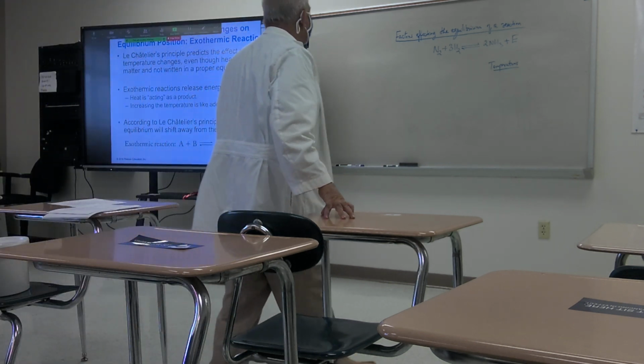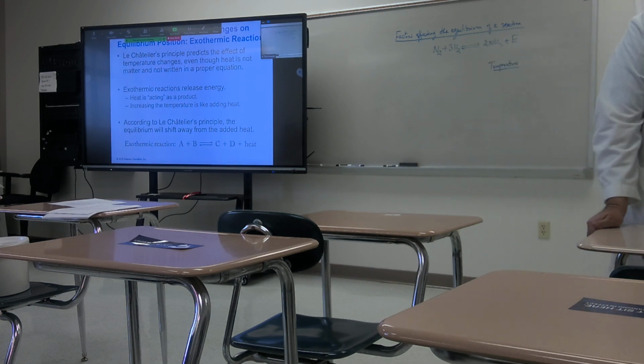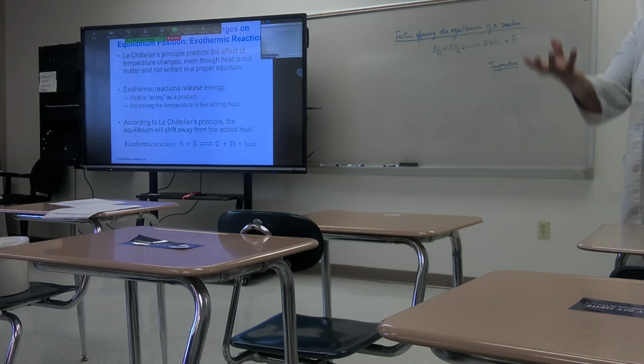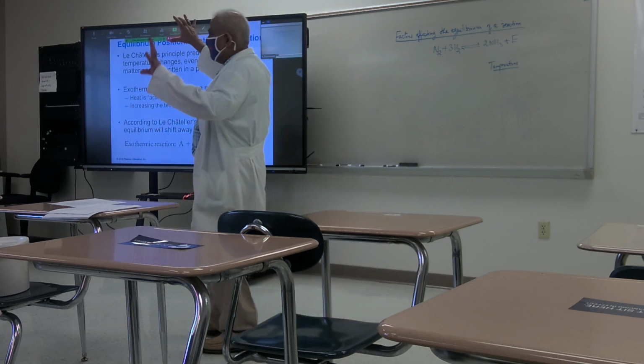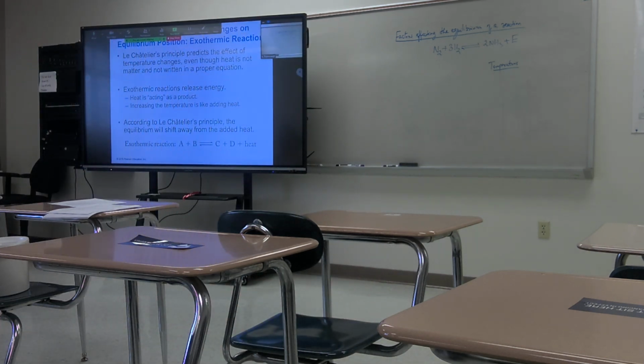And the last component of this is catalyst. What is a catalyst? A catalyst is a substance which alters the speed of a chemical reaction, correct? It enhances the speed of a chemical reaction. Remember, in this entire chapter, we have been talking about reversible reactions, correct? What is a reversible reaction? Reaction goes in the forward direction and also in the backward direction. So what is the function of a catalyst?